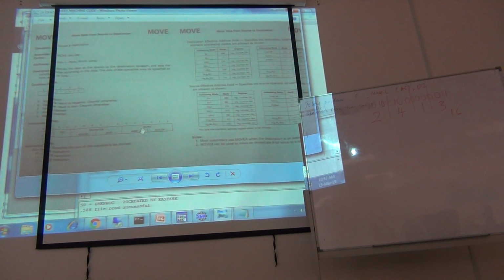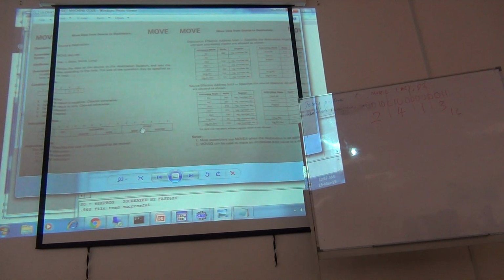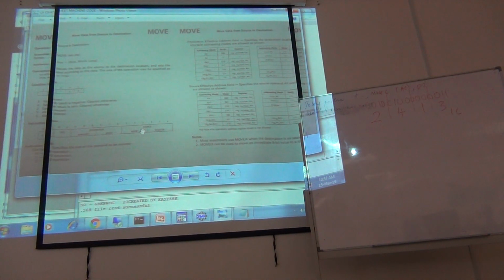You just need to know where the 16-bit instruction is and fill it up accordingly based on the syntax. Look carefully and understand it before you try to fill it up. This type of question normally comes out in the midterm, because you need to know how to read the data sheet and how to compile the syntax into machine code.